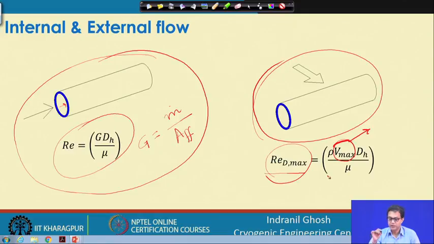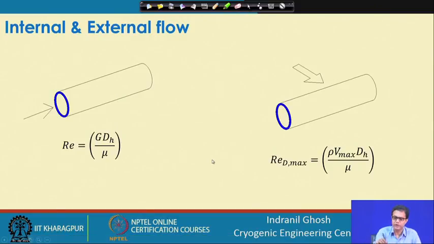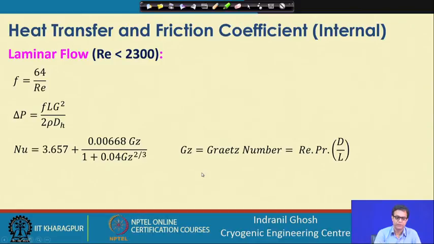We define the Reynolds number by rho V_max d by mu, where d is the external diameter of that tube, and rho is the density, mu is the viscosity of that liquid. So, this is how we have defined the Reynolds number. That justifies our estimation of looking for the maximum velocity in case of flow over a bank of tubes. So, now we will just quickly recapitulate some of the things that we have learned in the earlier class.